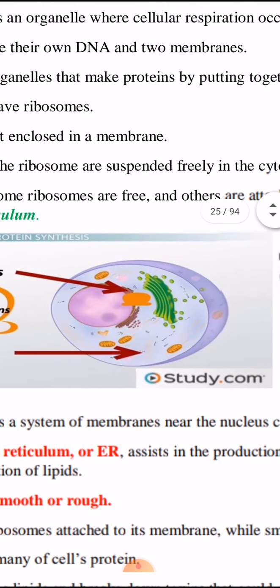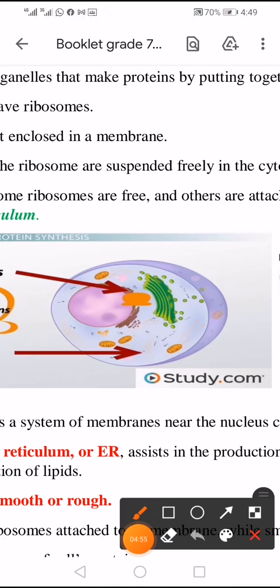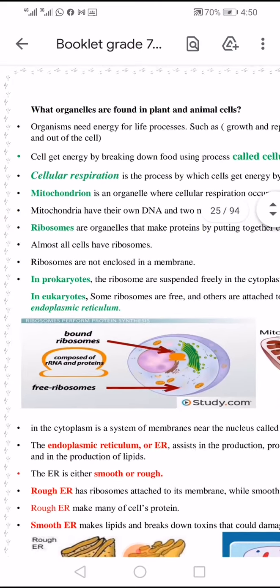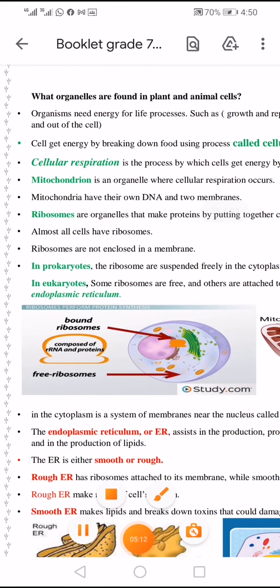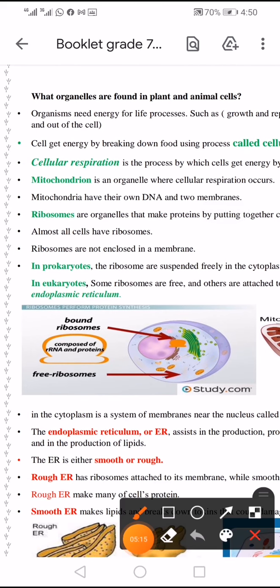Look at this picture. In prokaryotes, in a bacteria cell, ribosomes are found freely in the cytoplasm, while in a eukaryotic cell, some ribosomes are free. Some ribosomes are free like this. This is a free ribosome, and others are attached to another organelle called the endoplasmic reticulum.